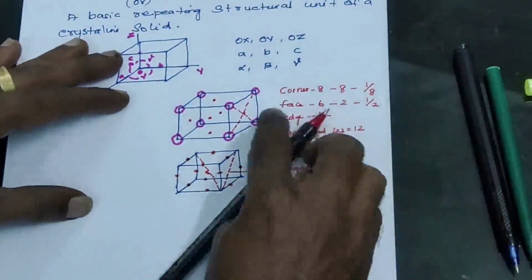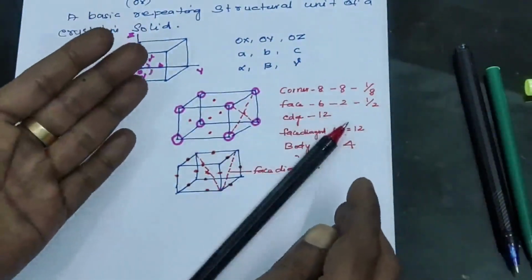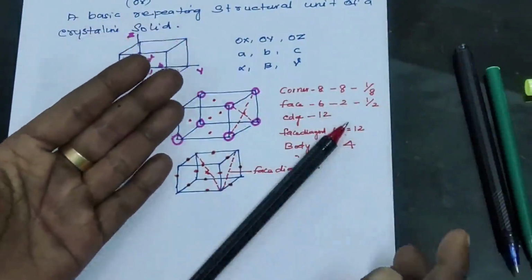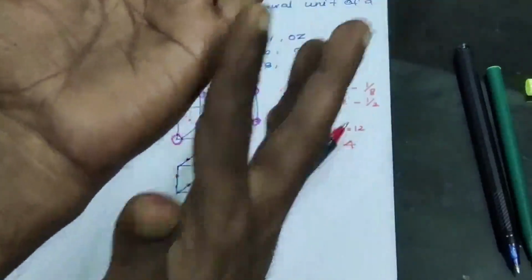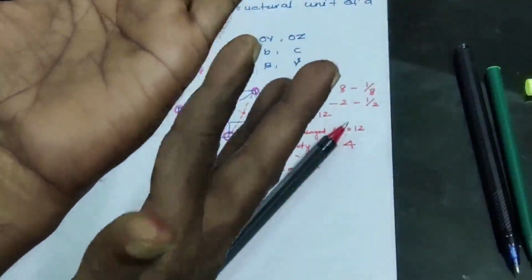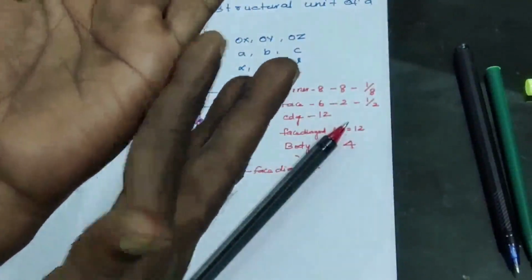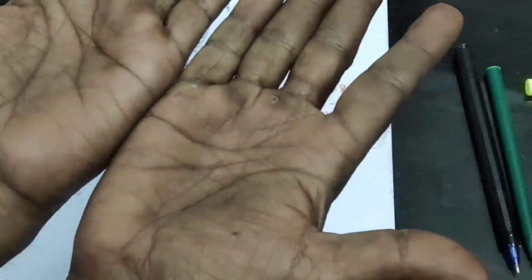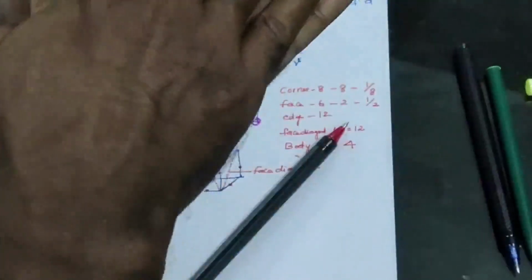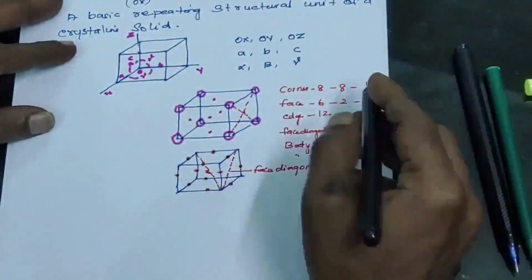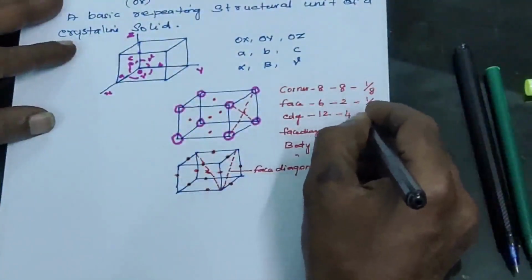Then this is an edge. Imagine this is the edge of the crystal. Connect 1, 2, then 2 more. So one edge is shared by 4 unit cells, and the contribution is 1 by 4.